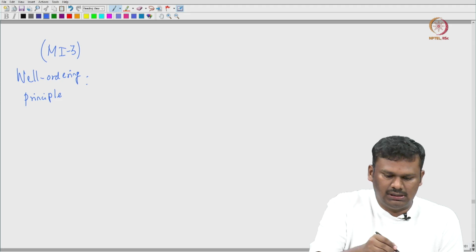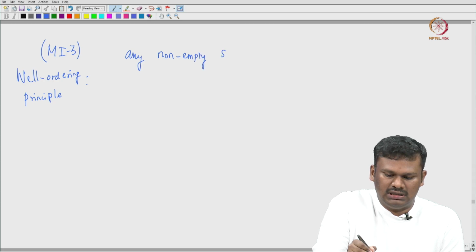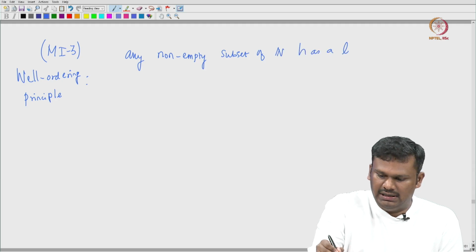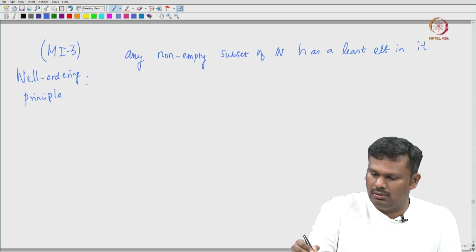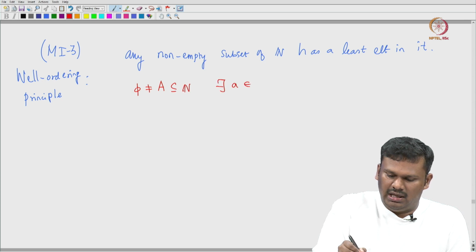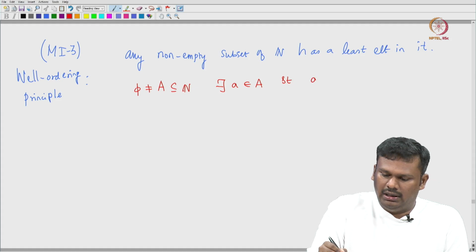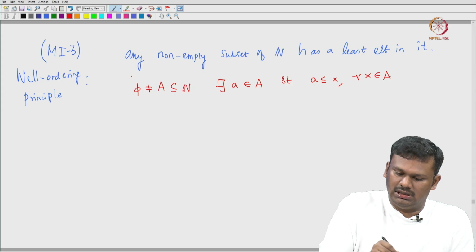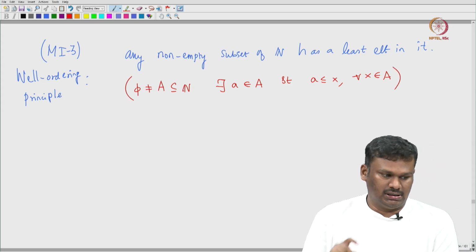That means any non-empty subset of N has a least element inside it. What is the meaning of this? If I start with A, a non-empty subset of N, there exists an element a in A such that all elements of A are bigger than or equal to this given element a. This is what the well ordering principle says.